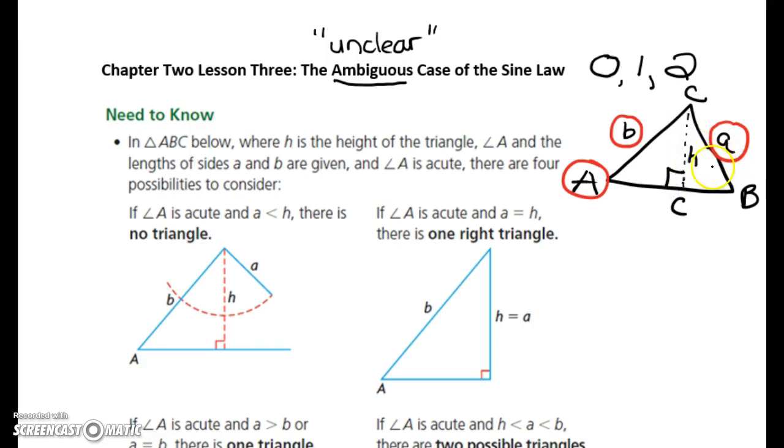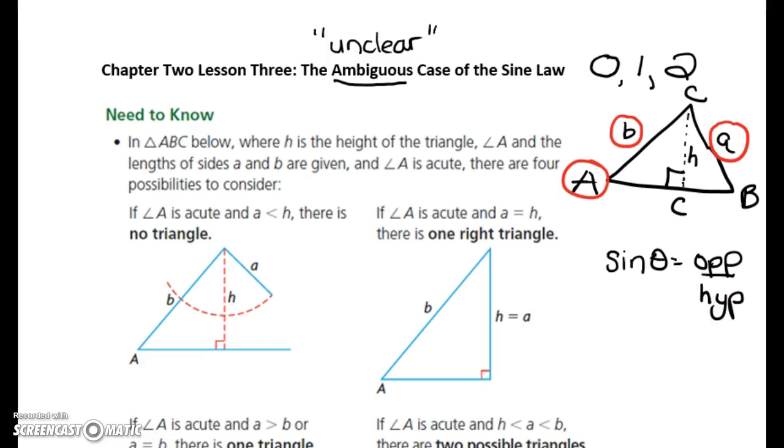Your height is that perpendicular line going straight up and down, which creates a 90-degree angle with the bottom of the triangle. Because we're trying to find the opposite side of a right triangle, we can use our sine ratio for right triangles: sine of theta is equal to opposite over hypotenuse. So angle A here is theta, h is your opposite, and b is your hypotenuse.